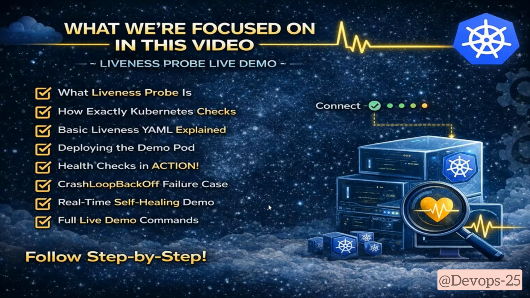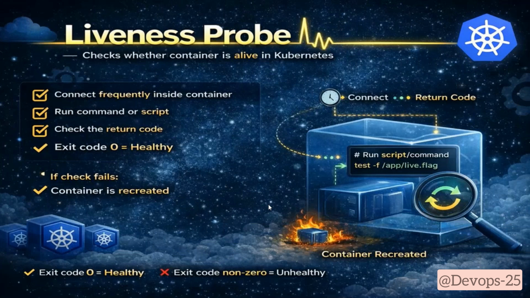Before we start, let's see what a liveness probe is. A liveness probe is a health check mechanism used by Kubernetes to verify whether the application inside a container is truly alive or not. Sometimes applications don't crash, but they stop responding because they may hang, they may freeze, they may lose internal connections.